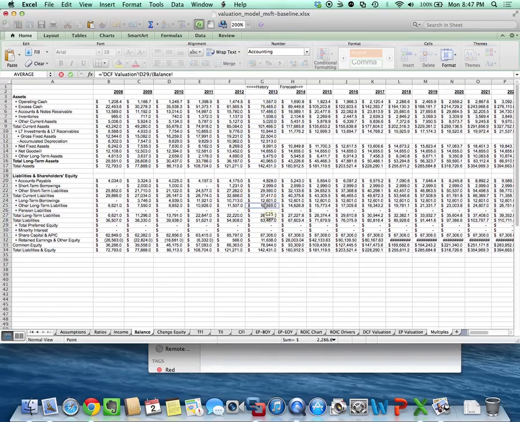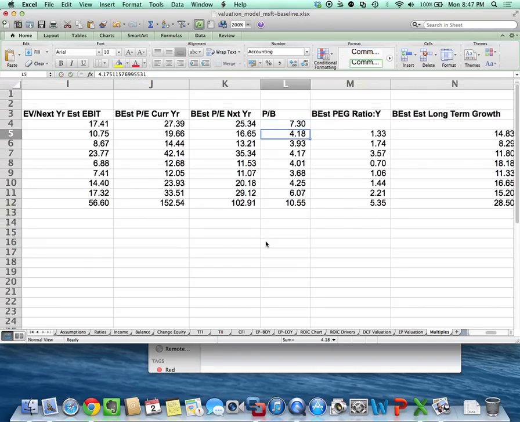So basically my share capital, which is row 31, plus row 32, which is retained earnings. So that will give me the price to book ratio.